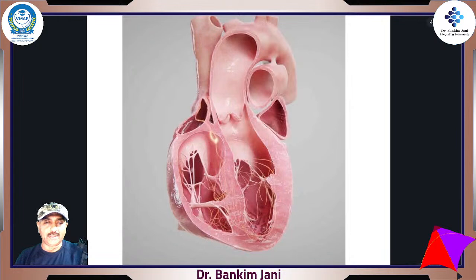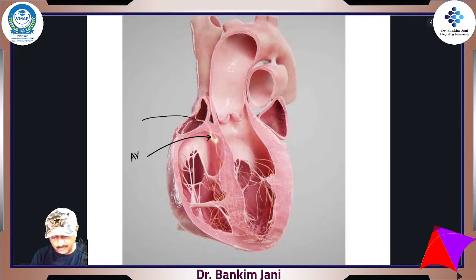Okay, a very nice figure, right? This you can use for the practice part because almost everything is seen. Say even the AV node, right? This one is the AV node. See the fibers which are coming from the top between SA node and AV node. Interventricular septum, then right ventricle musculature, left ventricular musculature.